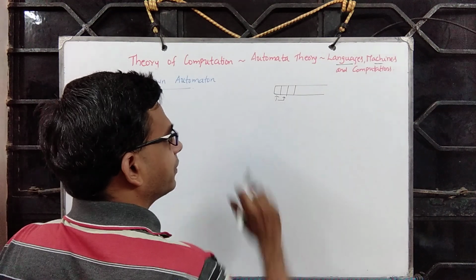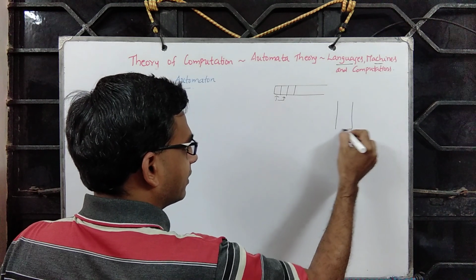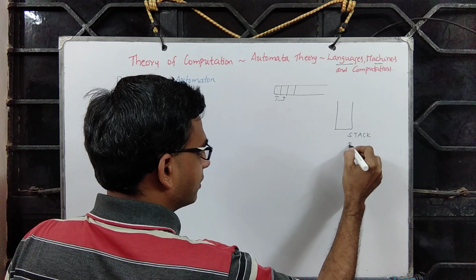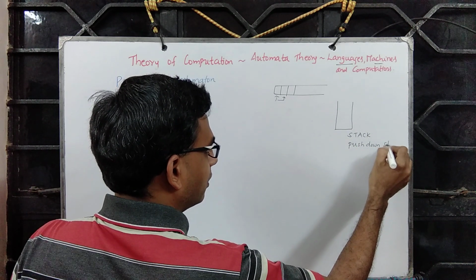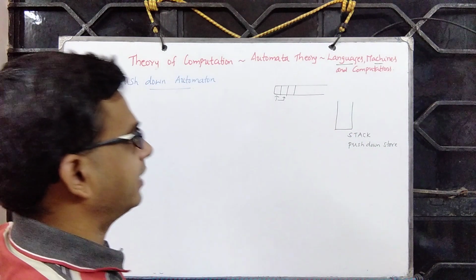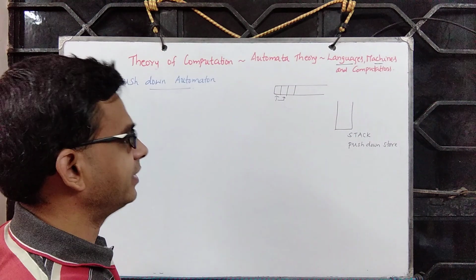In addition to the input tape, it has something called stack. It is also known as push down store in the literature, wherein it can store a symbol or a couple of symbols inside the stack.